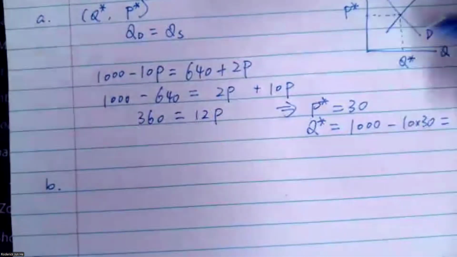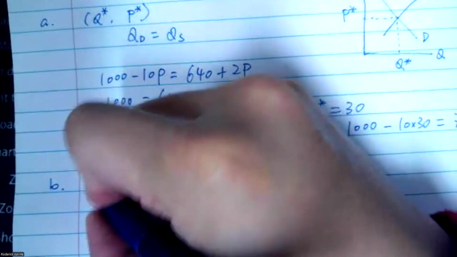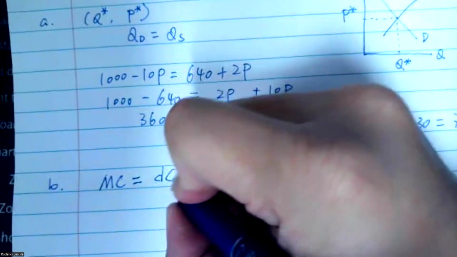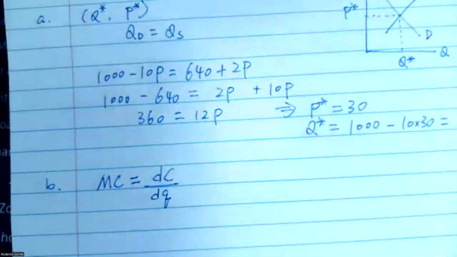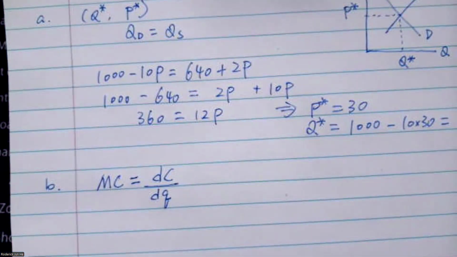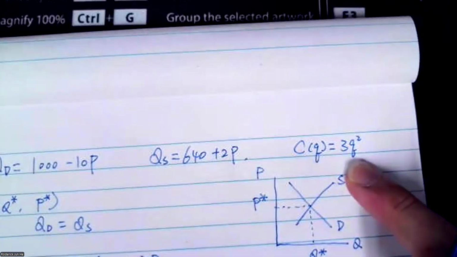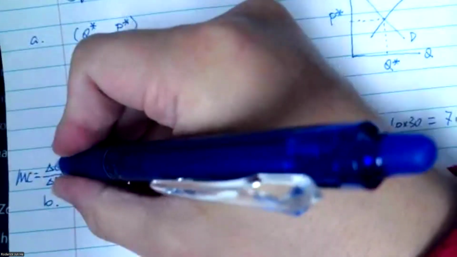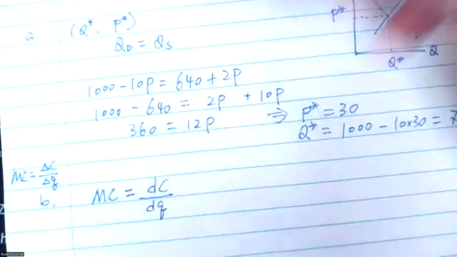That's A. Question B, we are to prove that marginal cost equals 6Q. Marginal cost is the derivative of cost with respect to Q. Marginal cost can be written as delta C over delta Q if you are given those changes, but here we don't have that information.